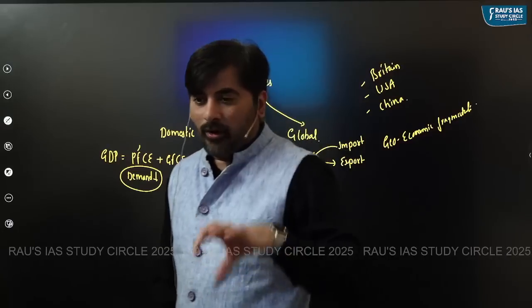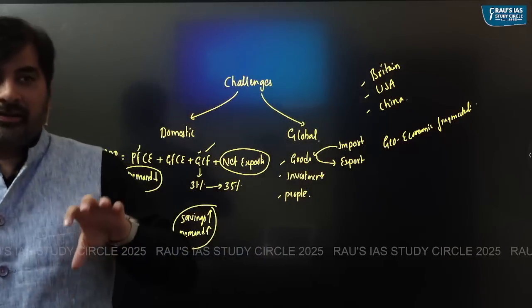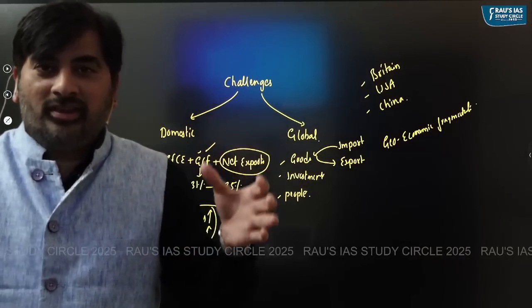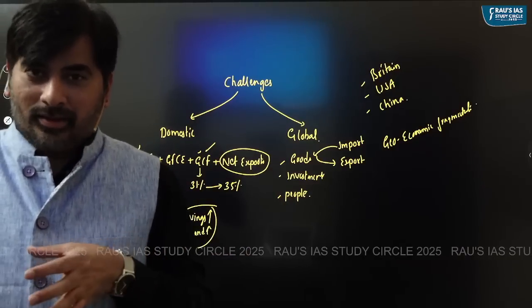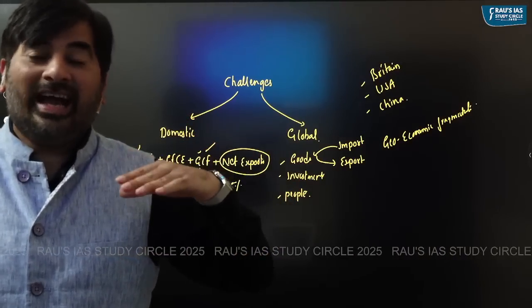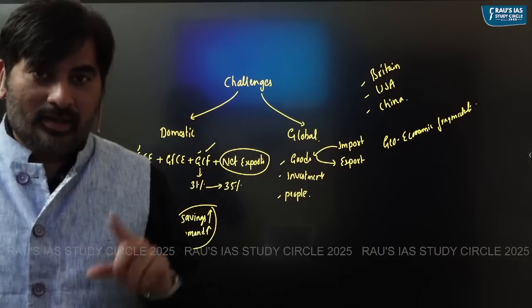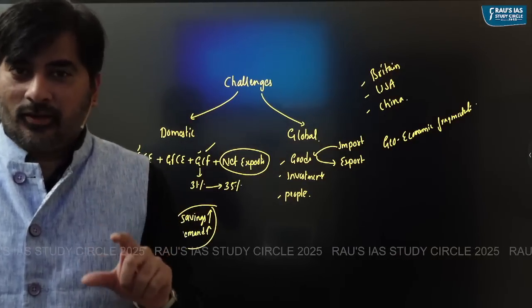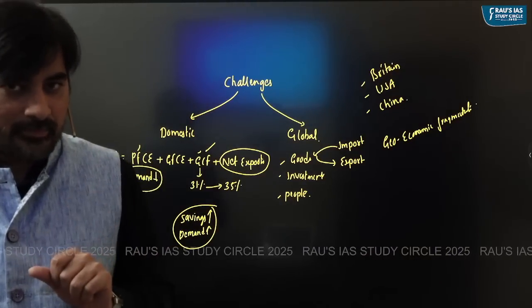So broadly, the finance minister has decided to fire from both cylinders, which is consumption expenditure and investment, by announcing tax rebates. This is one of the biggest announcements from the budget.